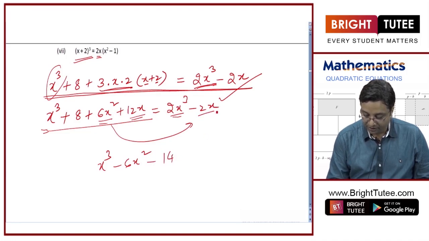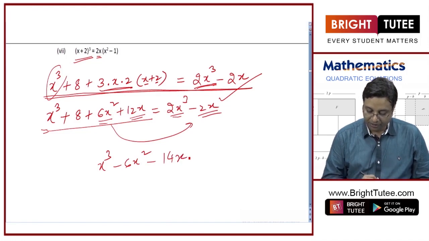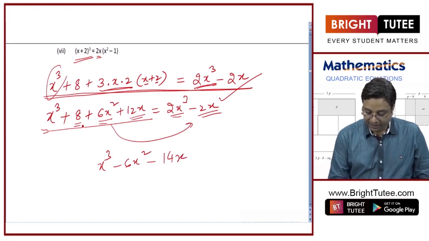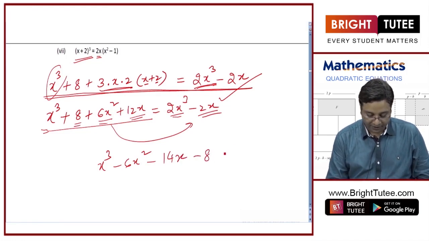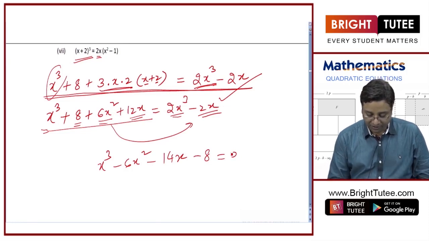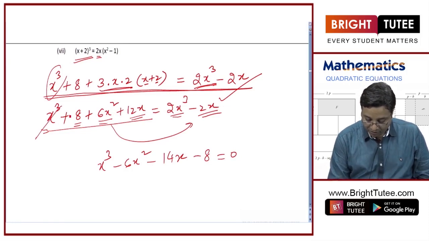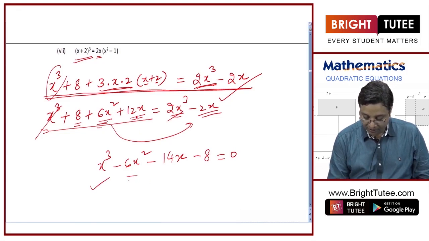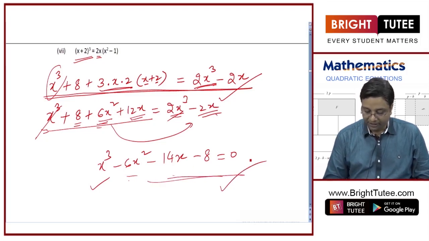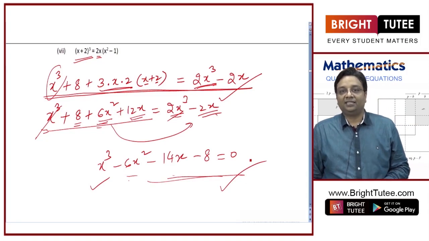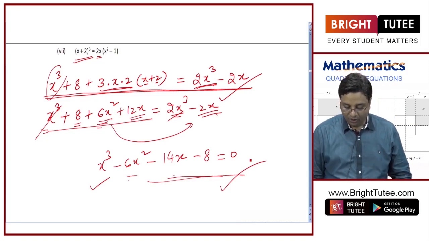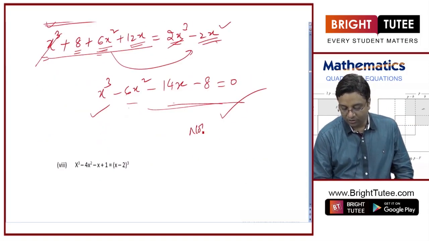So minus 12x with minus 2x will give me minus 14x, and this 8 will become minus 8 equal to 0. I hope we haven't left any term. X cube, 6x square minus 6x square minus 14x minus 8 equal to 0. Yes, this looks fine. So it is a cubic equation. As I said earlier, this is not a quadratic.